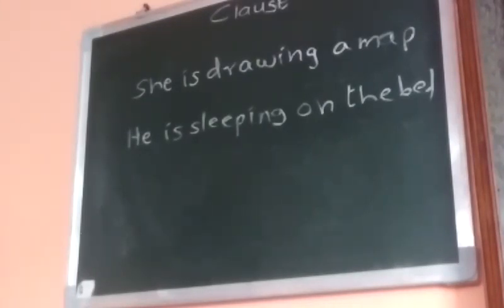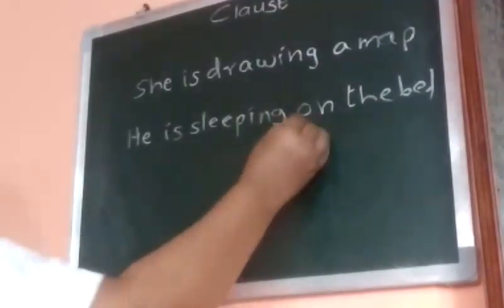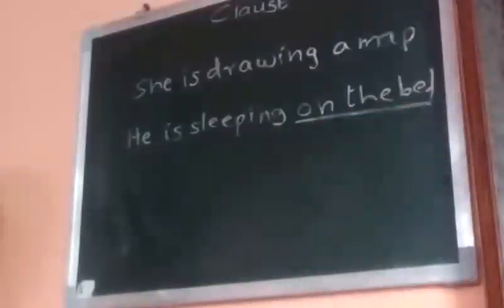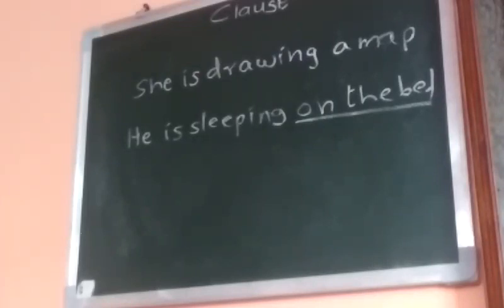On the other hand, a phrase cannot stand alone as a complete sentence because it does not give a complete meaning. For instance, in the above sentence, on the bed cannot stand alone as a sentence as it does not give a complete meaning.